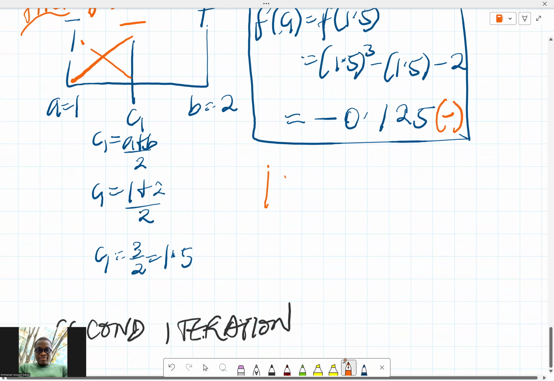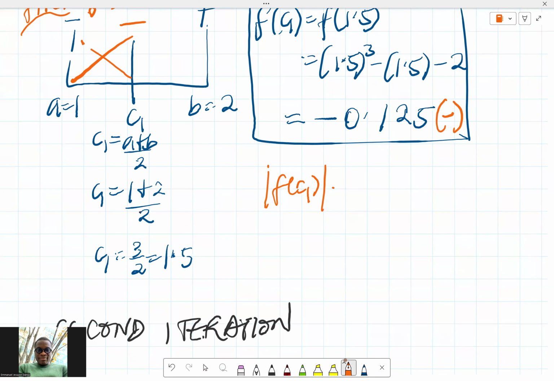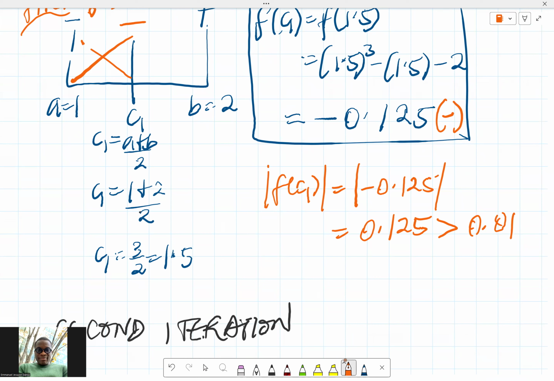The absolute value of f of C1 is the absolute value of minus 0.125, which is 0.125. You see that this is greater than 0.01, so we have not reached what we are looking for. So iteration continues.